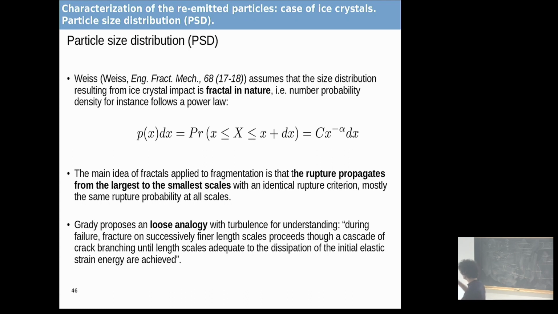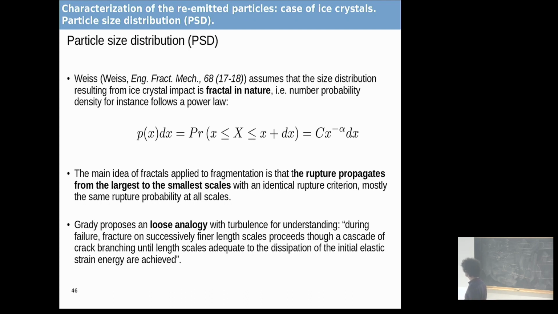There is a kind of scaling which is not dependent on the scale where you're looking. And that's why Grady proposes a loose analogy with turbulence for the particle size distribution: during failure, fracture at successively finer length scales proceeds through a cascade of cracks, which is adequate to the decimation as the initial statistic strain rate is achieved.